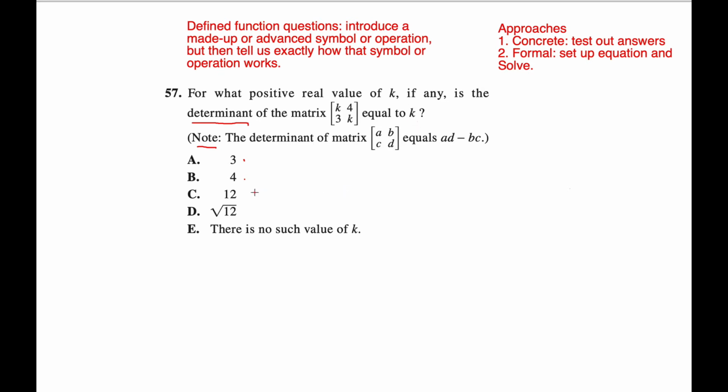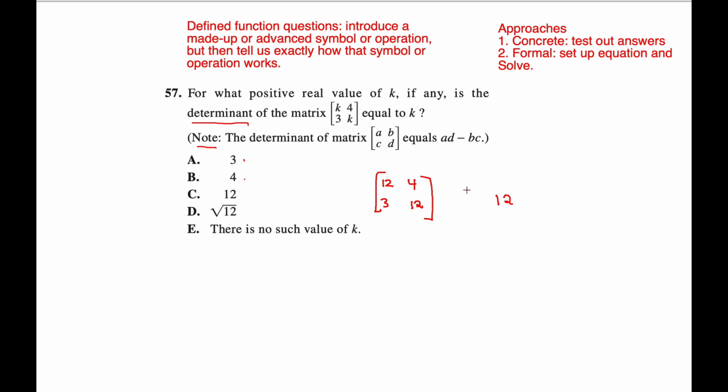So since we're assuming that 12 is the correct answer, we're just going to plug in 12 anytime we see a k here. So I'm going to rewrite this matrix, and we'll have 12, 4, 3, and 12. And we want to see whether the determinant of this is going to be equal to k, so it's going to be equal to 12.